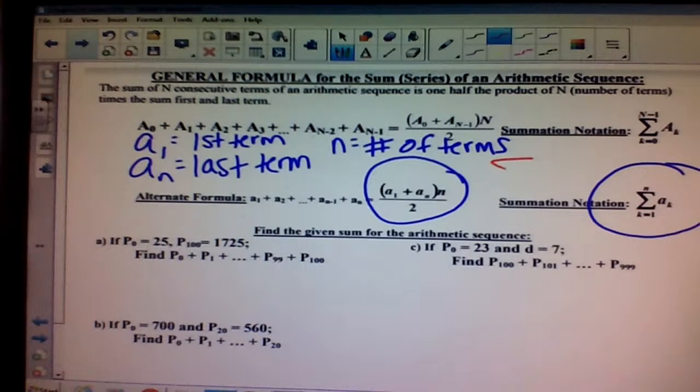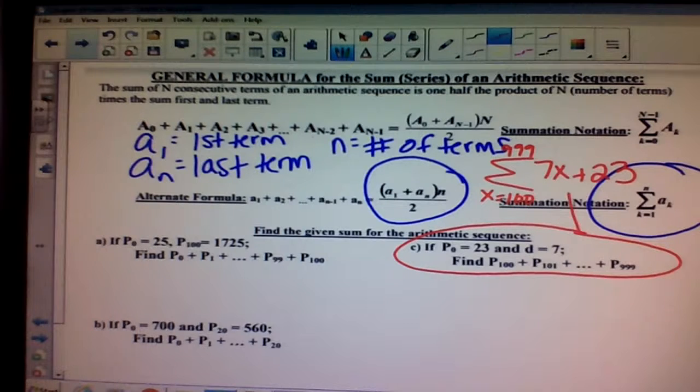I would draw that fancy E. Beside the E, you put your y equals formula, 7x plus 23. They want me to find the sum from my 100th number, so I put x equals 100 down here, up to my 999th number, so I put 999 here. This and this mean the same thing. It's just a fancy way, using a Greek letter, to say find the sum.